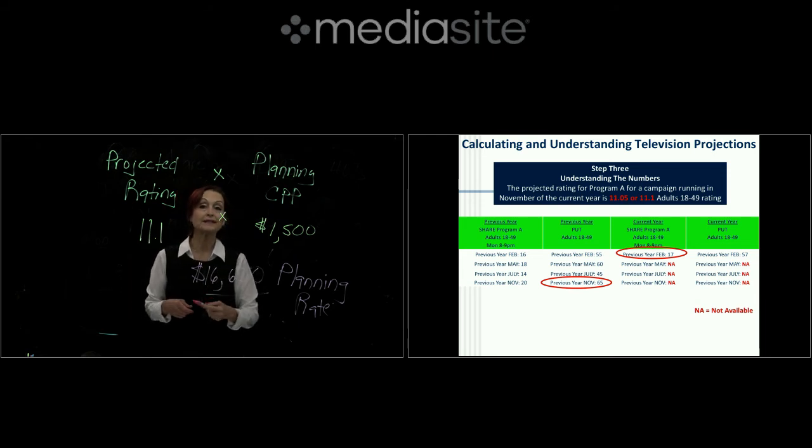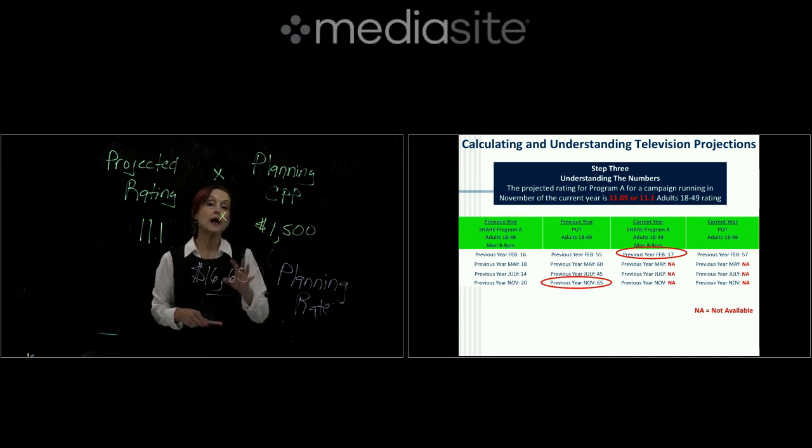So that means that you can expect to pay, to stay within budget, $16,650 for a 30-second commercial in Program A in future campaigns. This projection formula and general concept can be used with cost per thousand impressions to project budgets.